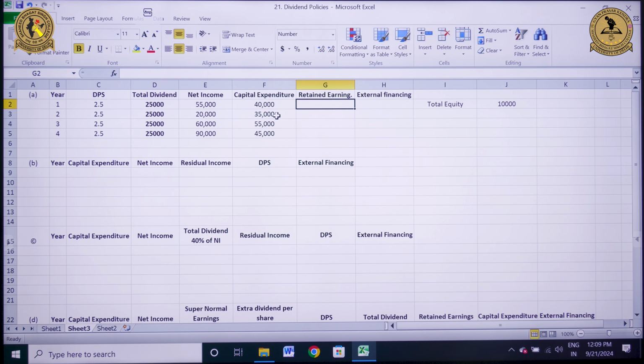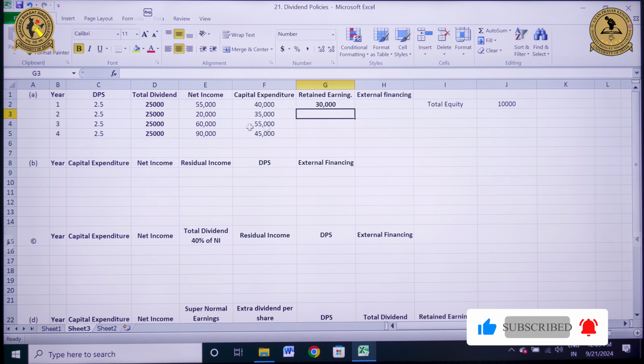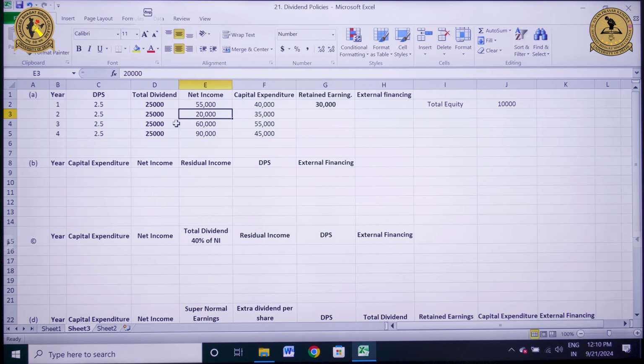Now I first need to calculate my retained earning, which is equal to net income minus dividend. It comes out to be 30,000. In the second case, my net income is 20,000, but the company is paying a dividend of 25,000. So it will be equal to 20,000 minus 25,000.